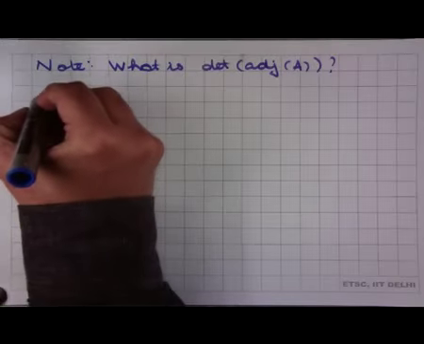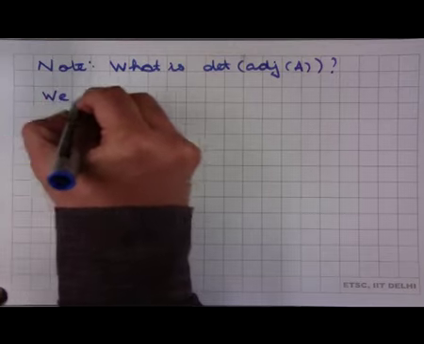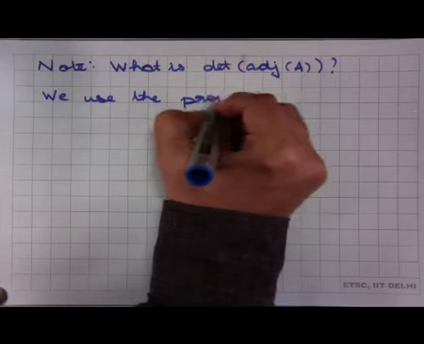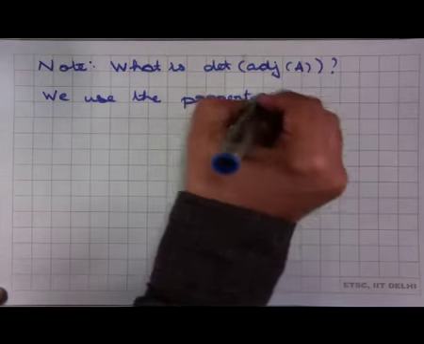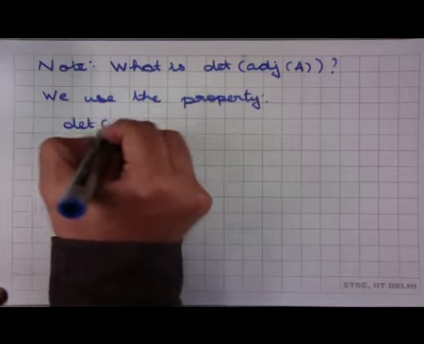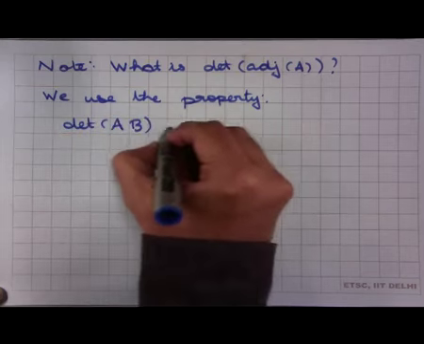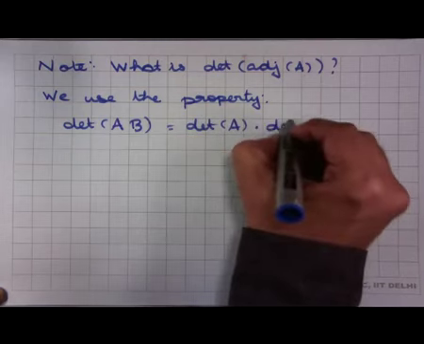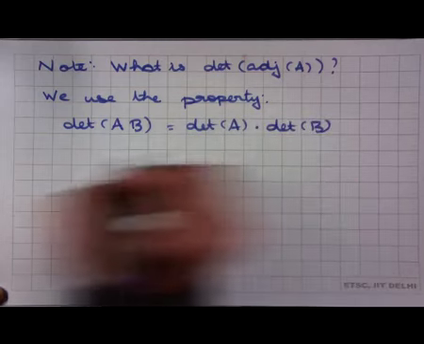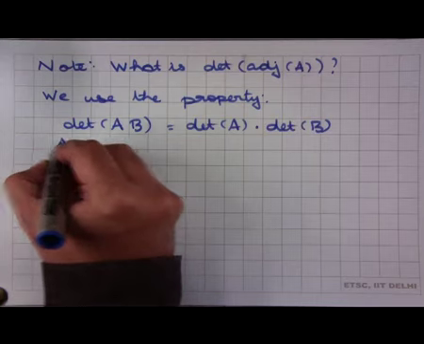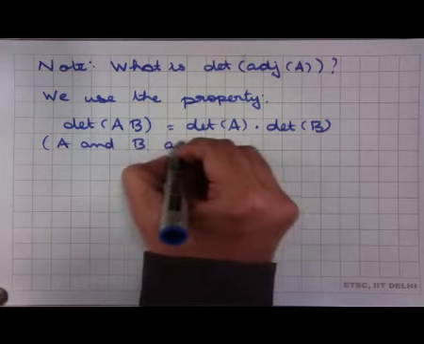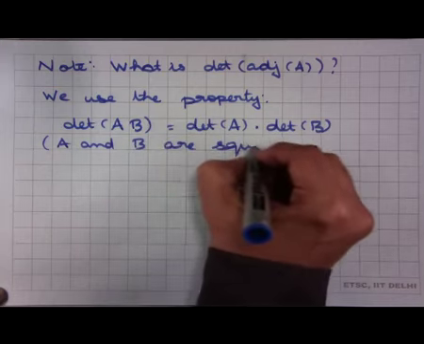The property that we use, the property that determinant of A into B is equal to determinant of A times determinant of B, right, where A and B are square matrices.